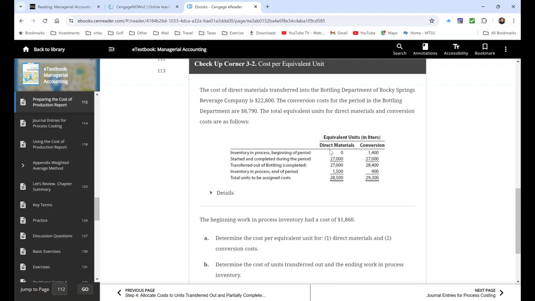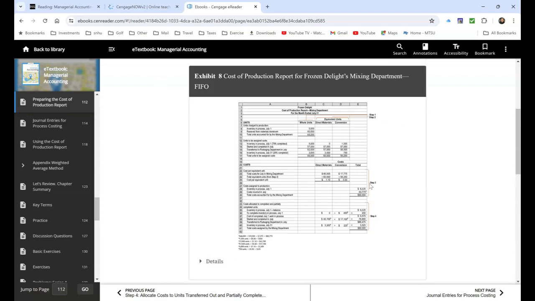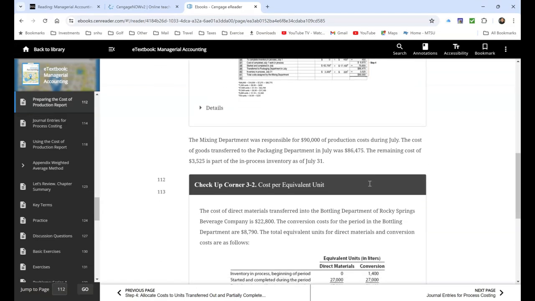You're going to be debiting work in process for the labor, and crediting labor payable, and you're going to be debiting work in process for factory overhead and crediting the factory overhead account. And then you'll determine how many units are completed, what those costs are, and then you're going to debit finished goods, credit work in process, and that should bring you back down to the balance of 3,364, I think it was.